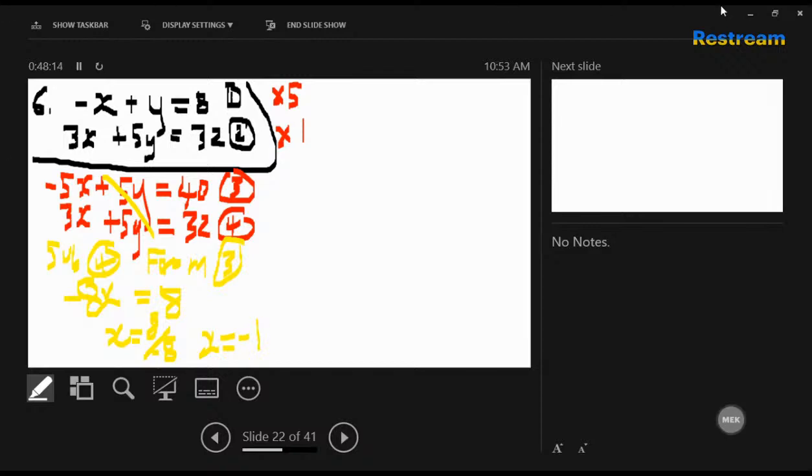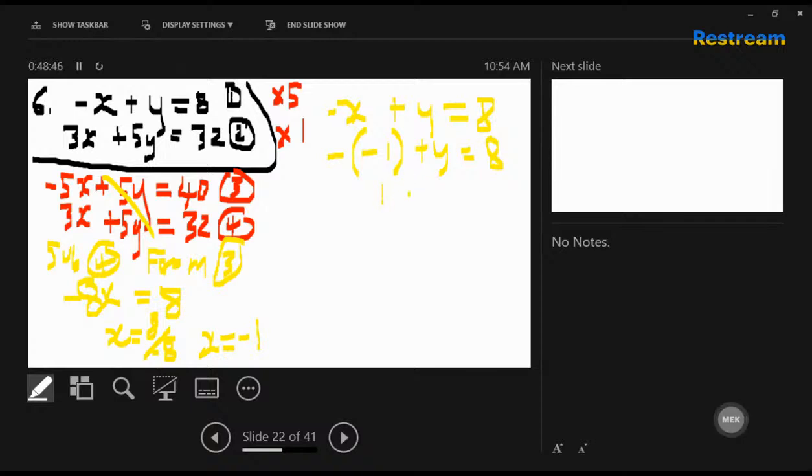And I would plug that value in now. I'm going to choose the first equation. So negative x plus y is equal to 8. So if x is -1, that means negative times -1, which is +1.